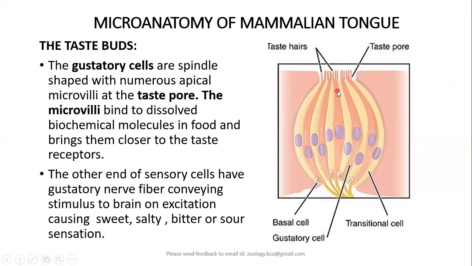These microvilli bind to the dissolved biochemical molecules of the food and bring them closer to the taste receptors present on the plasma membrane of these gustatory cells. Whereas the other end of the sensory cells have gustatory nerve fiber, conveying stimulus to the brain on excitation, causing the sweet, salty, bitter or sour sensation.